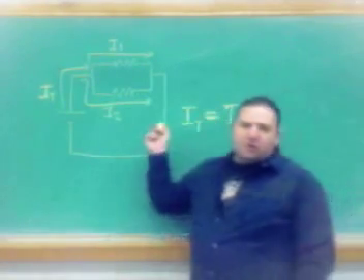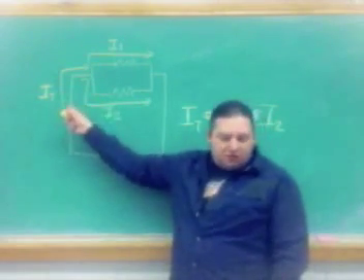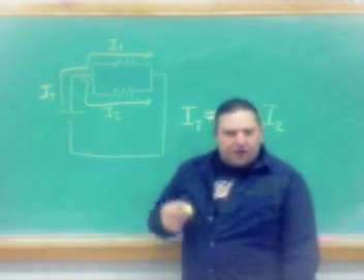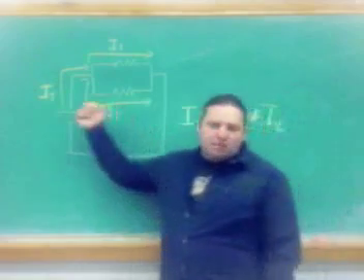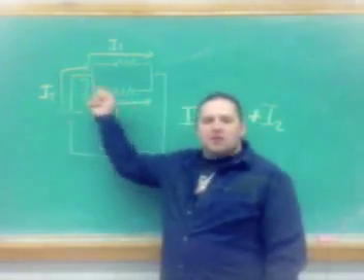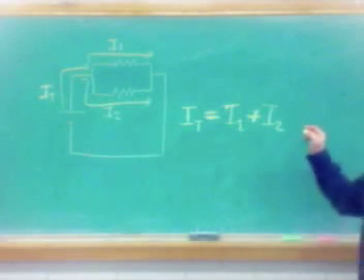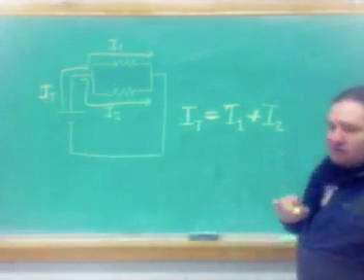If I can figure out the total resistance, I can figure out what IT is, this total current. If you look back at series circuits, that's the first step of solving any sort of circuit problem, to be able to determine the amount of current that's coming out of that voltage. Well, we need to have this idea in place in order to do that.